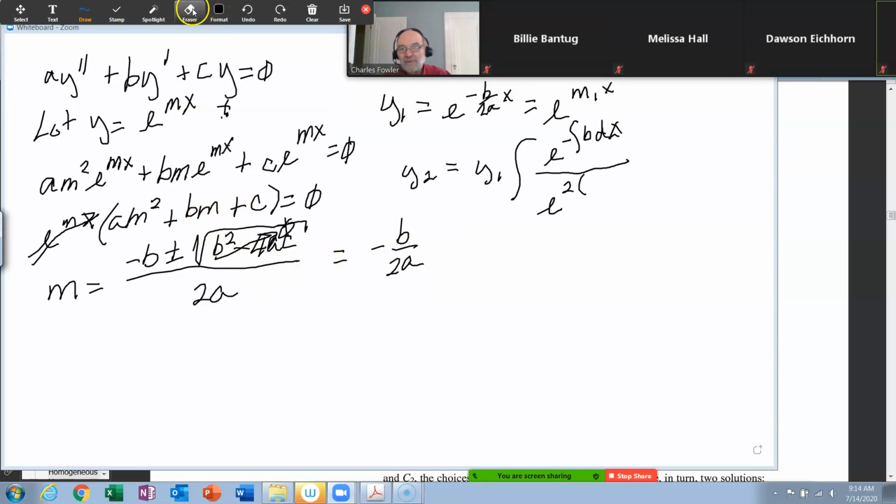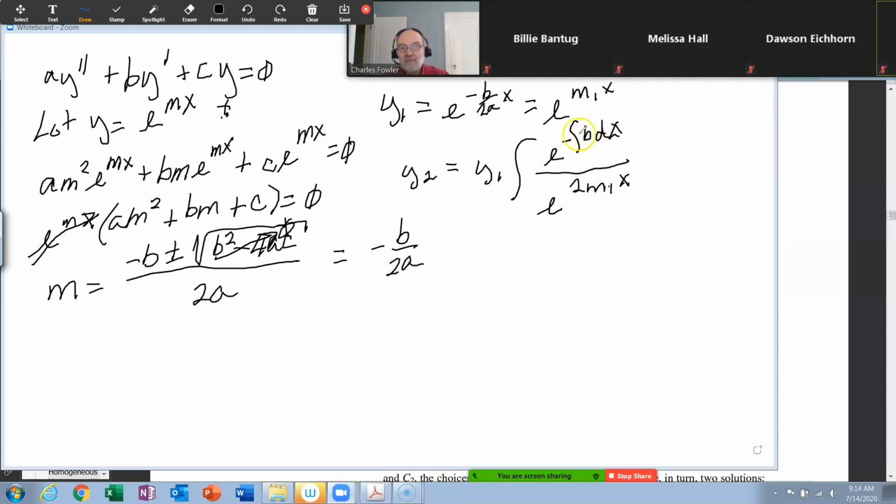I was going to go on and put it in now, but let me stay with what the book has. I erased too much, but we can rewrite that. e to the 2m1x, and this out here is e to the m1x also. I'll put that in the next step.